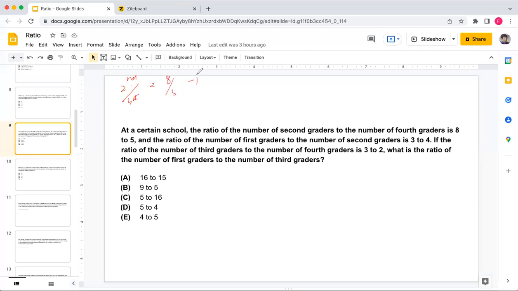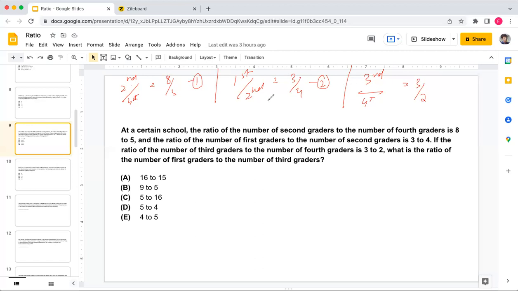The second one is first by second is equal to 3/4. And the third one is third by fourth equal to 3/2. At first, I will try to come up with a common 4. For example, we have 2/4 and 3/4. If I come up with the common 4, I can combine 2, 3, and 4.